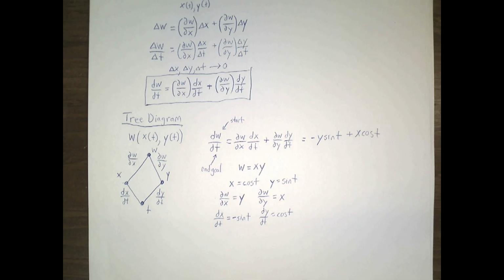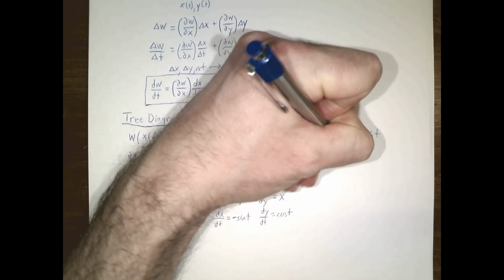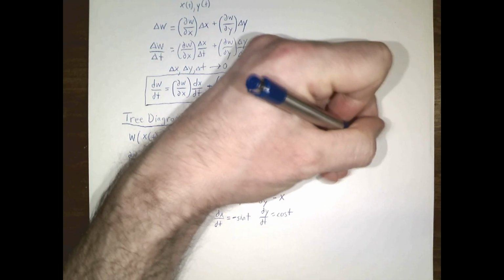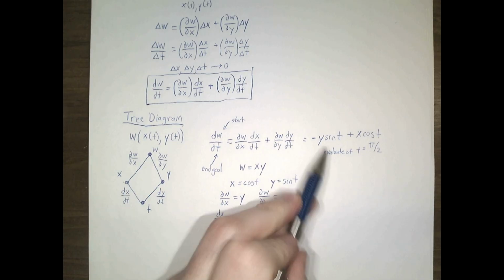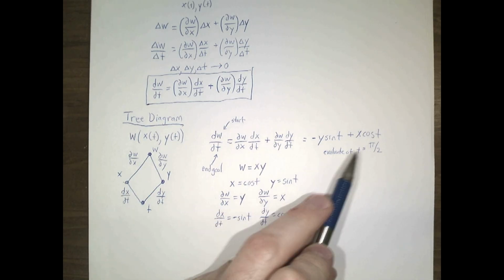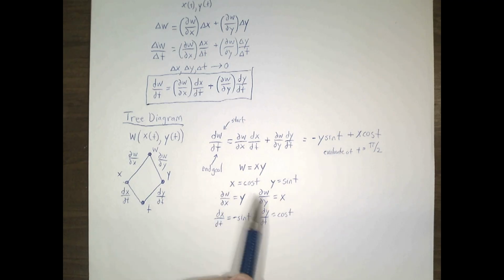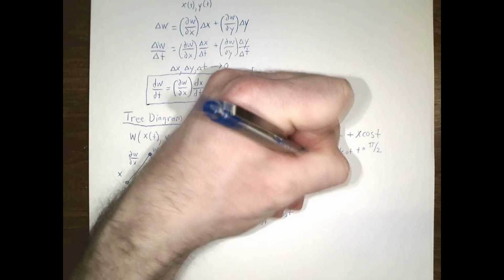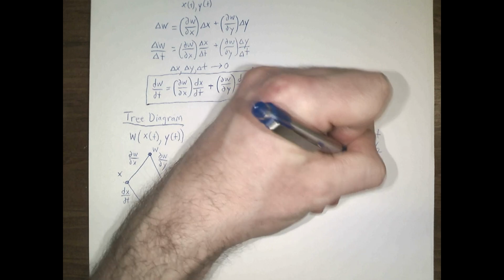Maybe they'll ask you to evaluate it at t equals pi over 2 or something like that. Well, now we have this in terms of y and x. We usually want to get this just in terms of t. So we take our definitions of x and y and plug those in. So we'll get negative sine squared t plus cosine squared t.